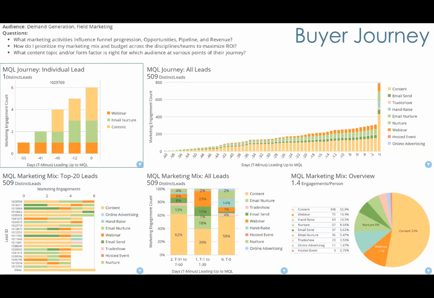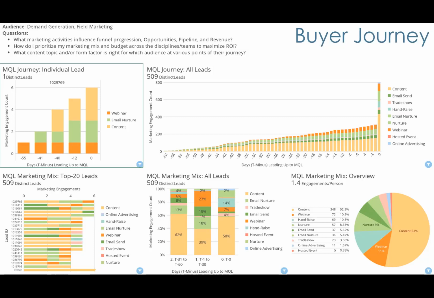And 41 days before, they engaged with an email nurture, 40 days before content, and so on and so forth, until finally on the last day, they consumed the final piece of content, which scoring kicked over to becoming an MQL. Wonderful. What does this tell you? Honestly, not a whole lot, to be perfectly honest.